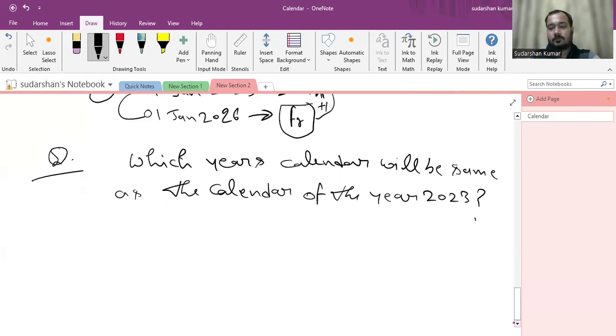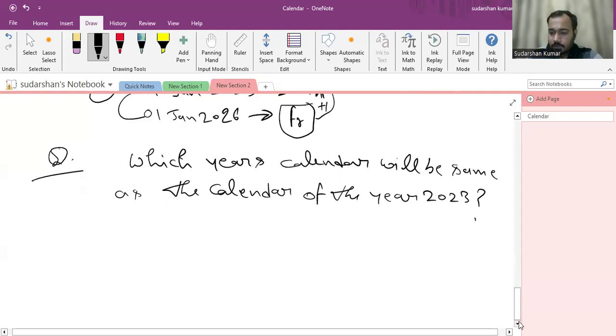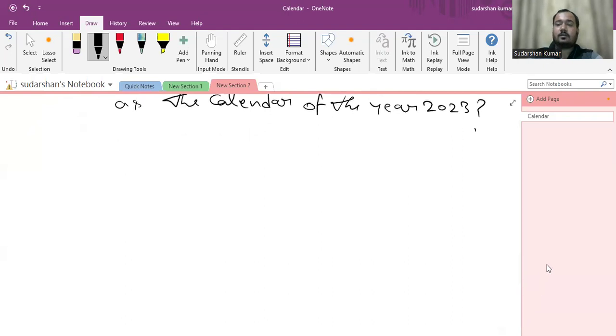This is the question. Which year's calendar will be same as the calendar of the year 2023? So if we think about 2023, it is a normal year.